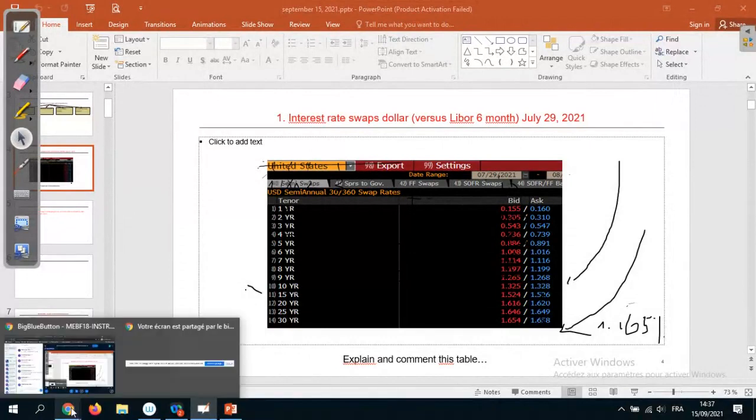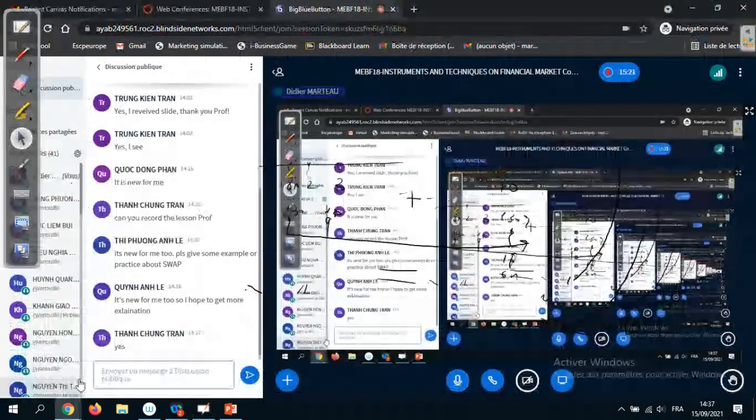Send me a message to tell me if we understood, we did not understand, we need another example, whatever you want. Tell me if you understood. That's very important to be clear with swaps.